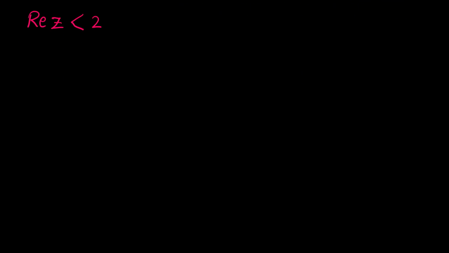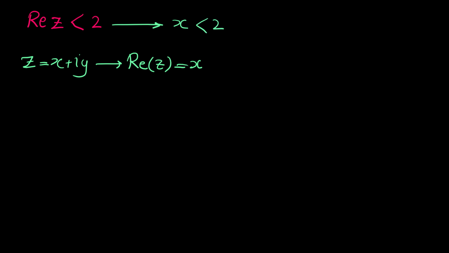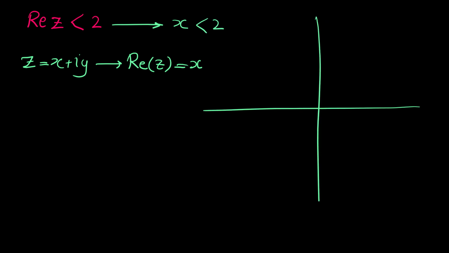What about this? Real of z less than 2. Again, we remember, when z is x plus iy, real of z is basically x. So this equation is x less than 2. Let's suppose here is 2.